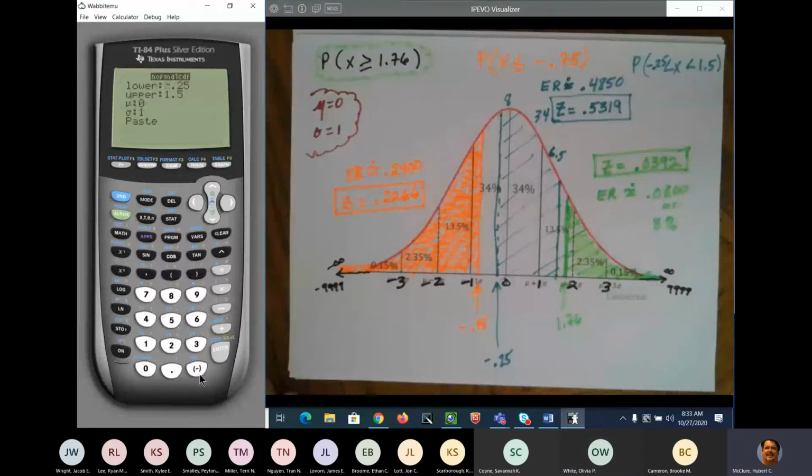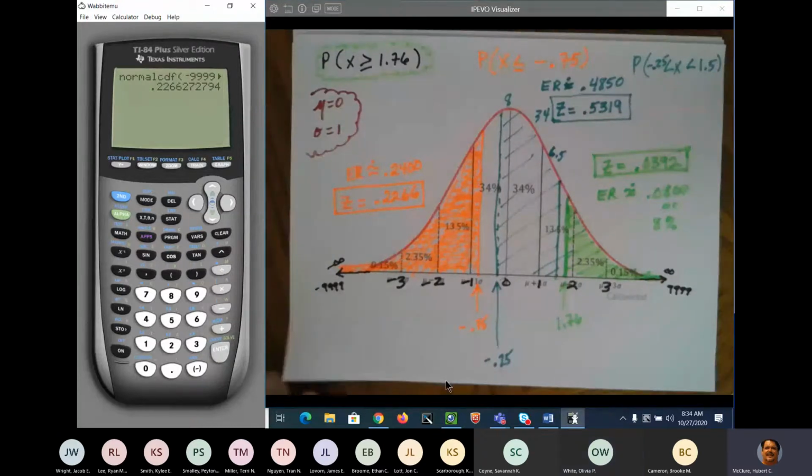Lower is negative 9999. Upper is negative 0.75. Paste and enter. 0.2266. Okay, thank you.